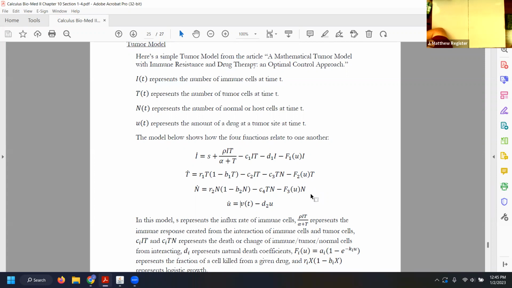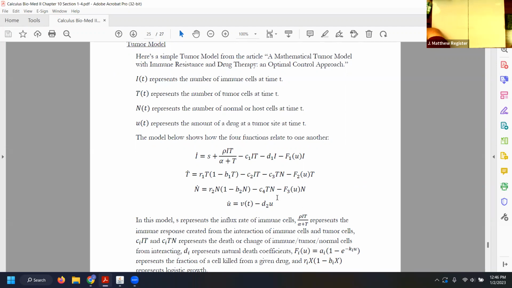That's how chemotherapy works. You're putting a poison into your system, which is going to kill off all three of these. The key is to then find a stable equilibrium. If you can kill off a certain number of all of these cells, but you can do it in such a way where you have a stable equilibrium, or an equilibrium where the tumor cells disappear completely, then you will have removed all of the tumor cells from the system.